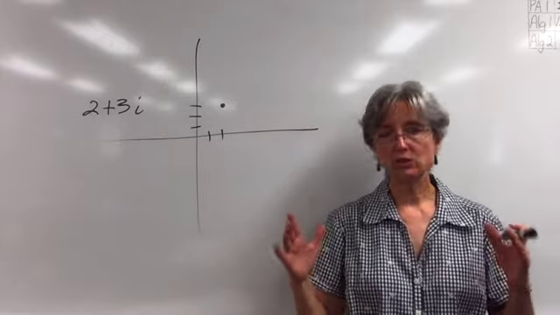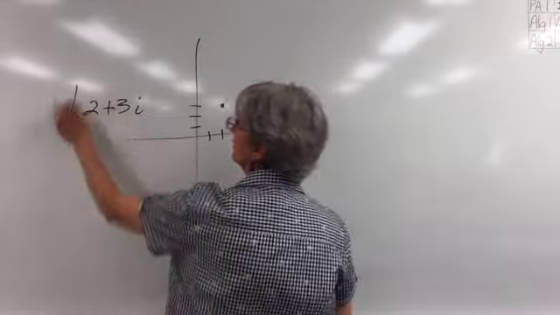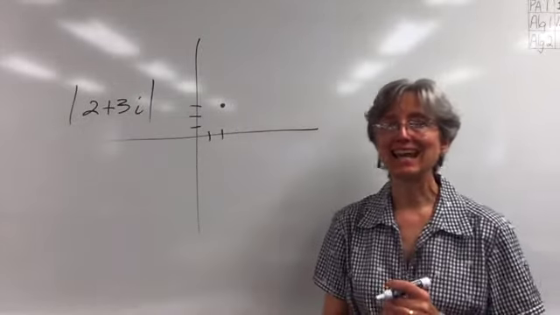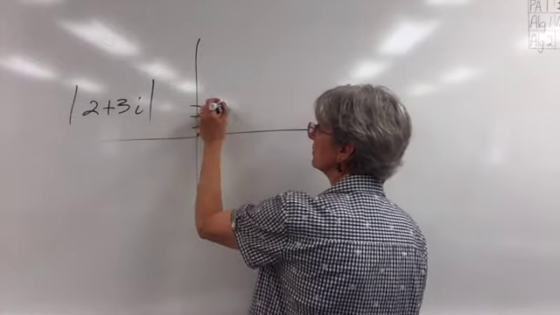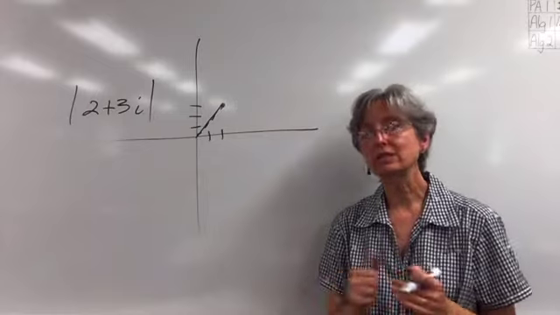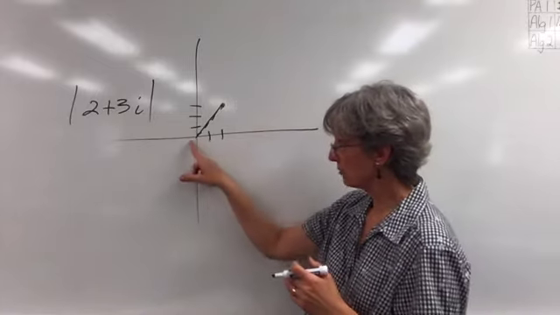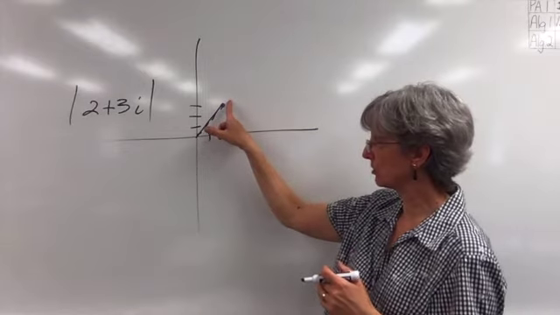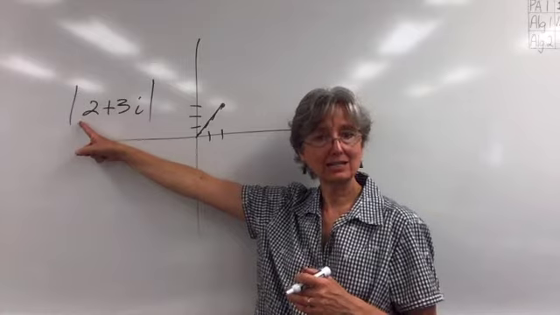Remember, absolute value is always distance from 0. So if I want to take this number and find its absolute value, I need to find its distance from 0. I need that distance right there. So we are going to use our distance formula to do that. Remember, the difference between 0, 0 and here, this distance is always my x.